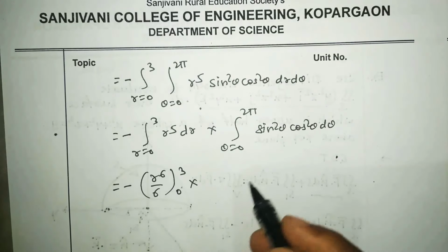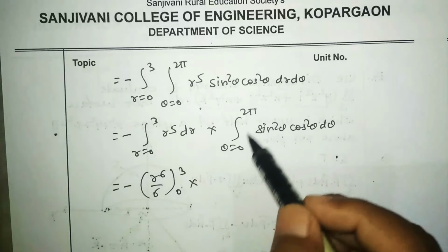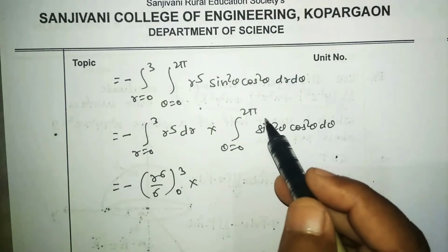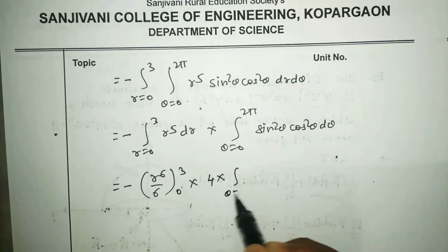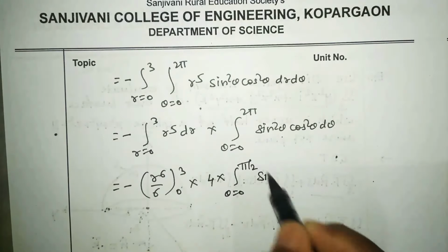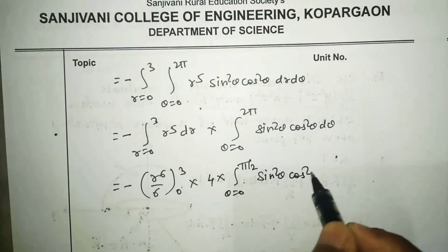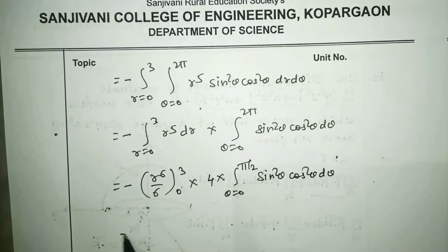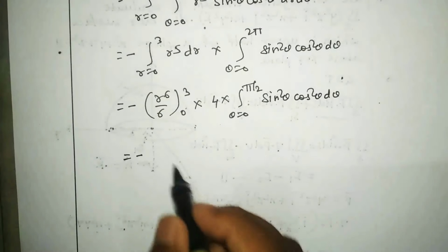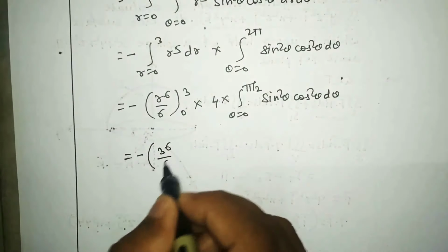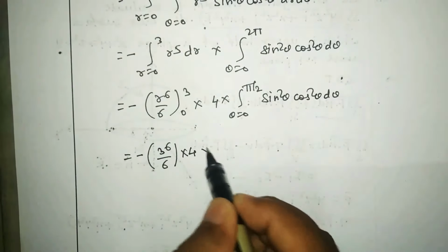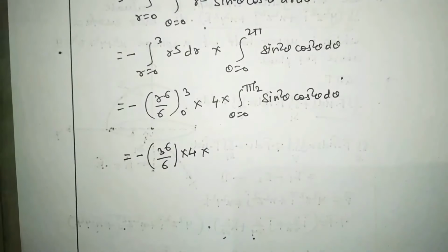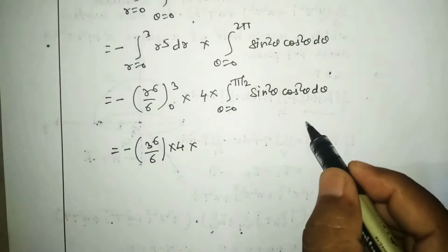So I am going to first convert this integration from 0 to 2 pi into 0 to pi by 2, that is 4 times, the conversion formula: 4 times the integral of theta from 0 to pi by 2 of sin square theta cos square theta d theta, with minus times 3 raised to 6 upon 6, which becomes 0 for the lower limit, multiplied by 4, and using the reduction formula. What is the reduction formula?